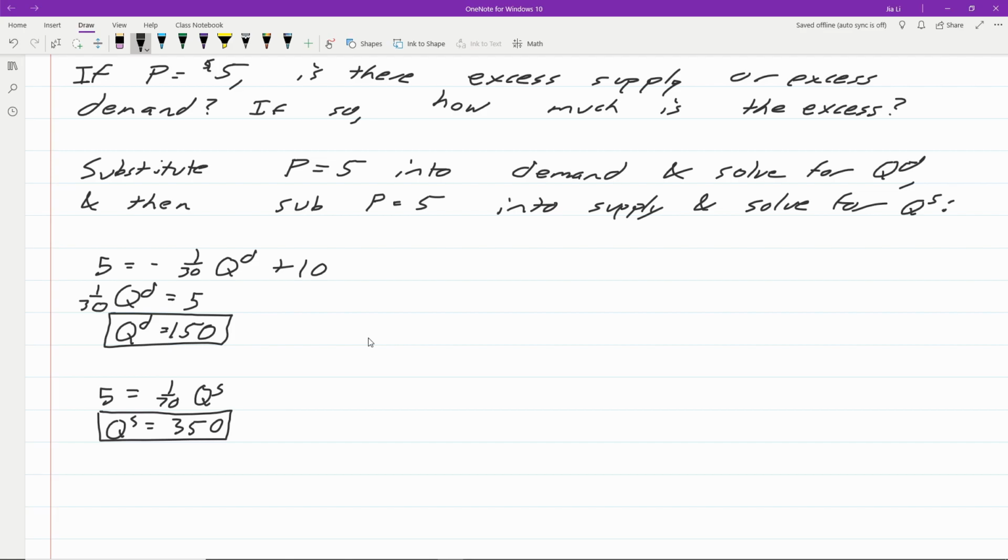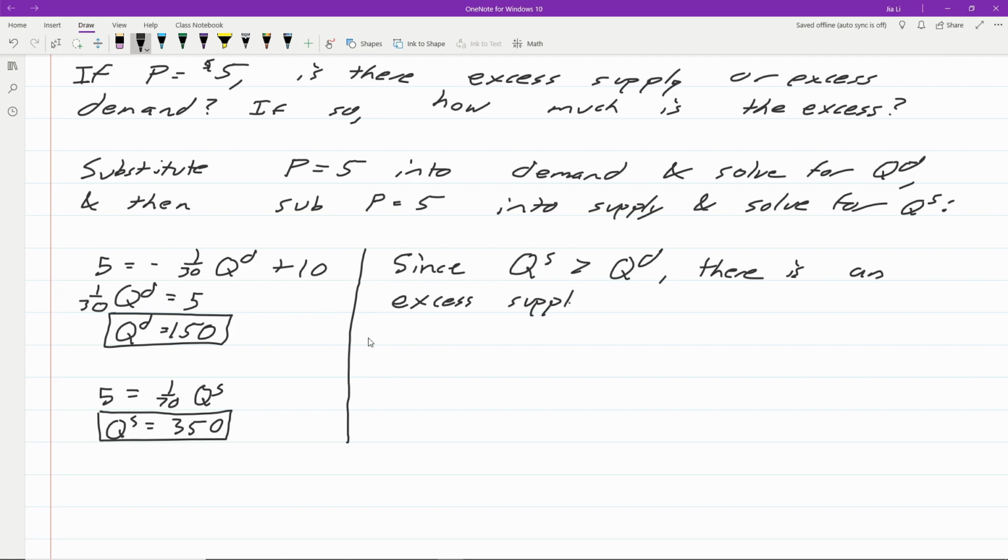Okay, so here since QS is greater than QD, there is an excess supply of the 350 quantity supplied minus the 150 quantity demanded, so 200 bags of chips.